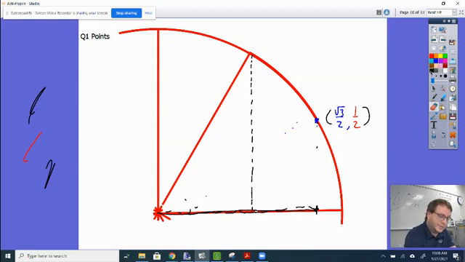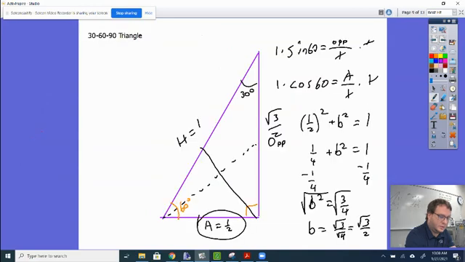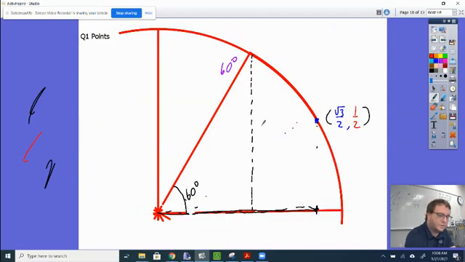So looking at this triangle, we said this angle was 60 degrees, right? Because we had the 60 up here. And across from the 60 degrees, we had that square root of 3 over 2. So my distance up now is square root of 3 over 2.